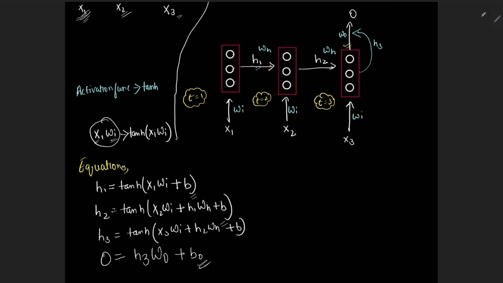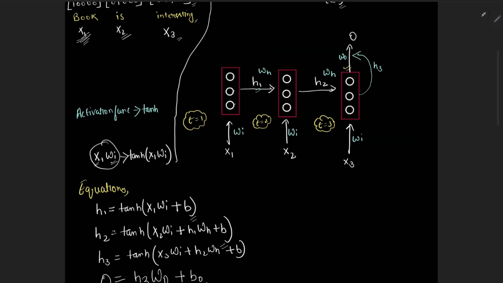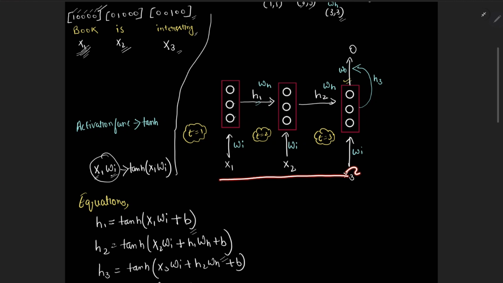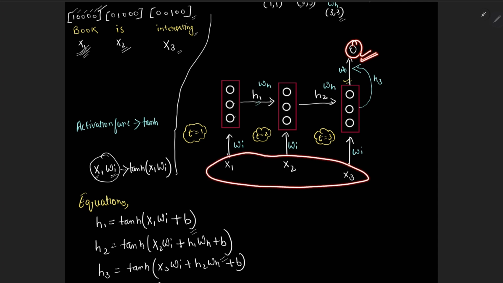And this is clear from this equation also. That is, this h2 we are passing has the information of x2 directly and also has information of h1. It has a component of h1 and h1 has the information of x1. Like this, information will be retained along the sequence. So the output which we will be getting will be based on all the previous inputs.